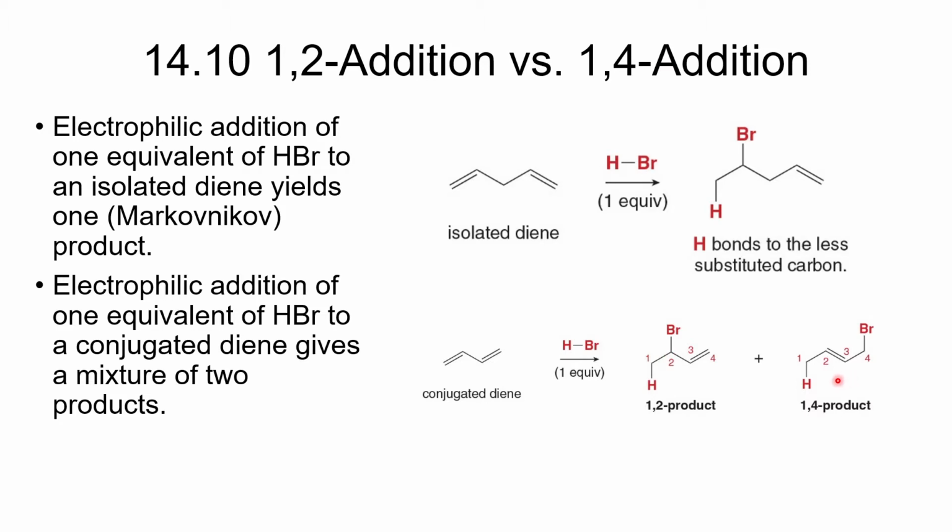And we'll also get what's called the 1,4 addition product, where the hydrogen goes to carbon 1, but the bromine goes out to carbon 4. We get a mixture of these products. Since they are constitutional isomers of each other, most likely we won't get a 50-50 mixture. We'll actually talk about that in just a few minutes.